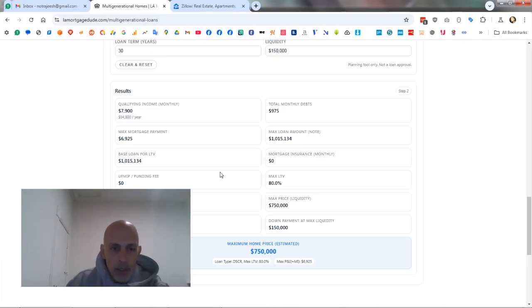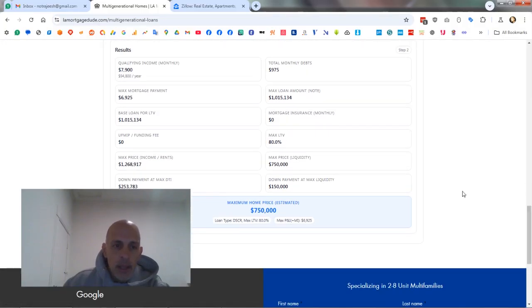You've got no mortgage insurance, no upfront mortgage insurance premium. Your max LTV is 80%. That means your max purchase price is $1,269,000, and if you were to do that, you would need a minimum down payment of about $253,000.